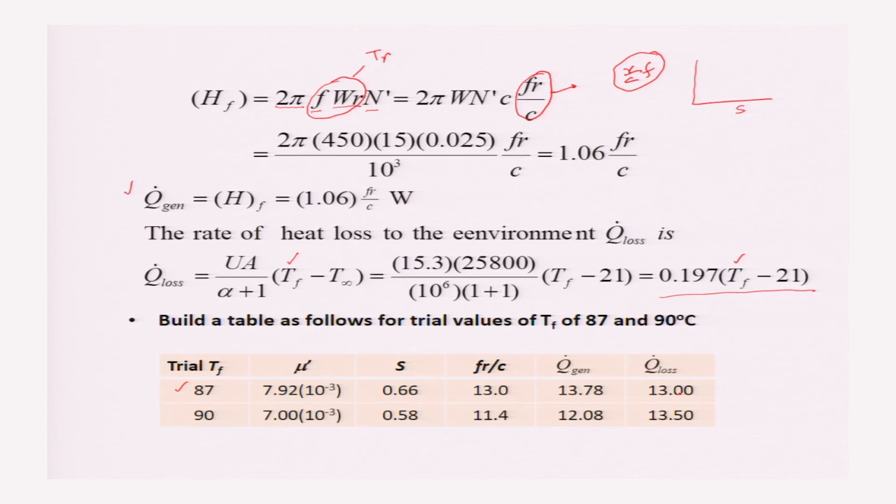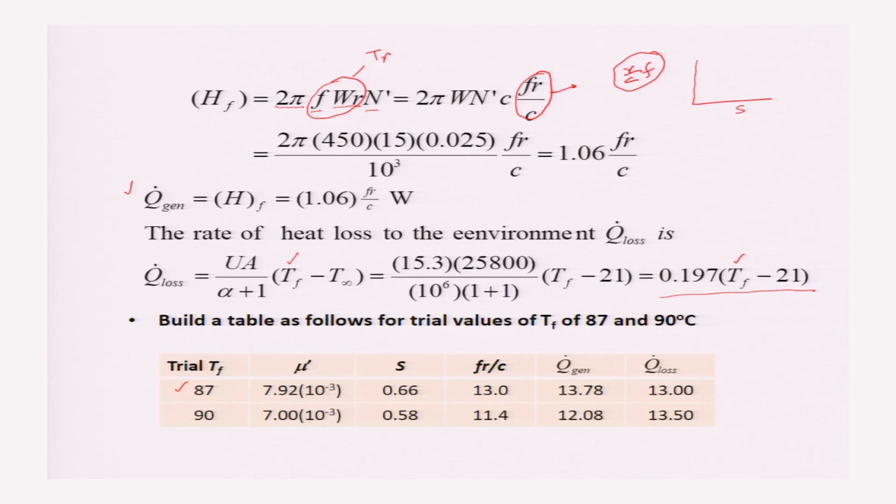So, what we have to do is decrease the heat generation. Heat generation will be decreased if we have a lesser value of this, and a lesser value of this we will get for a lesser value of Sommerfeld number, and for that a lesser value of mu is required.